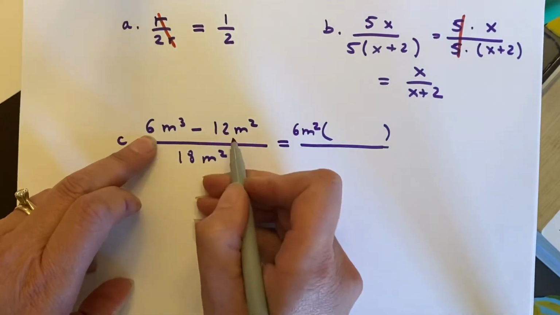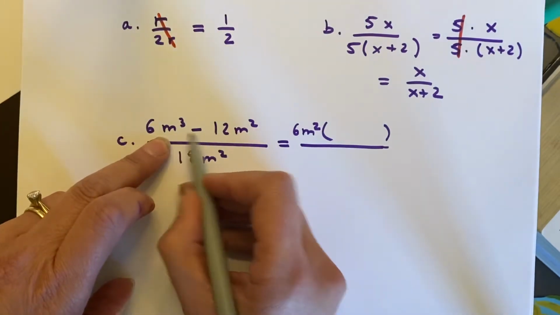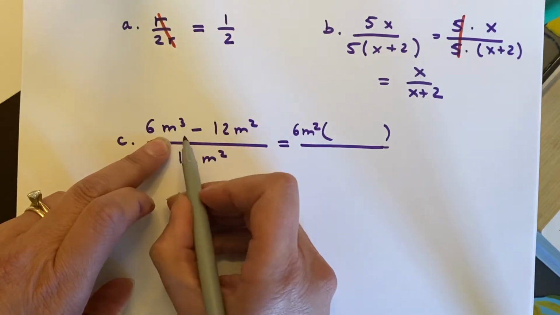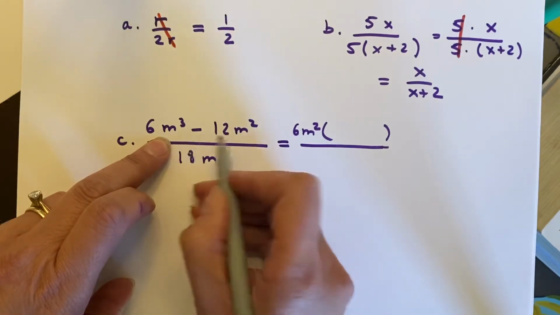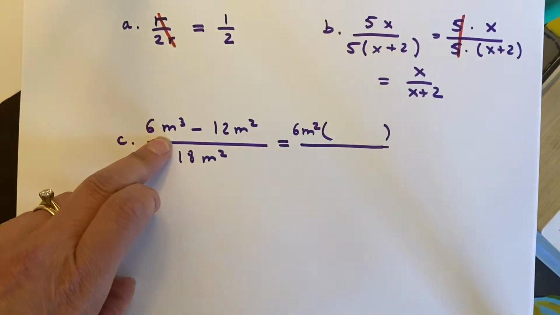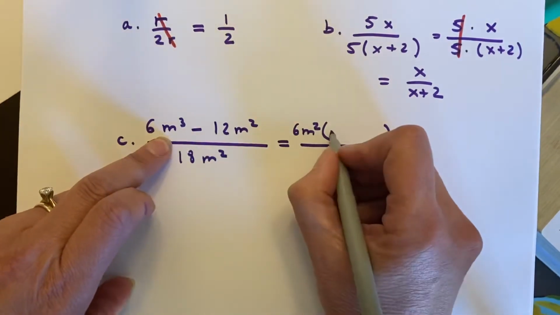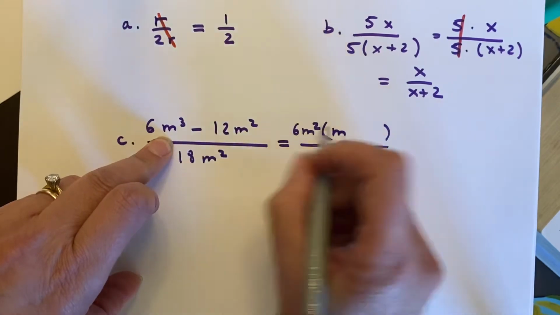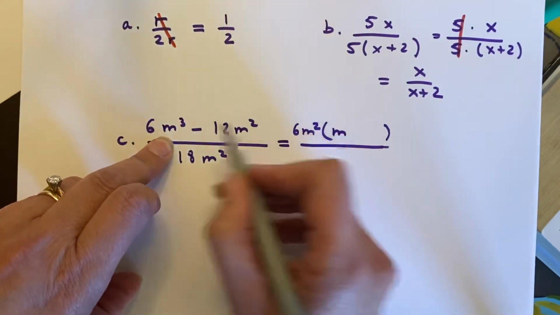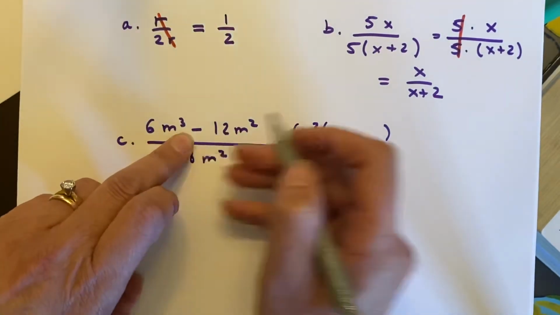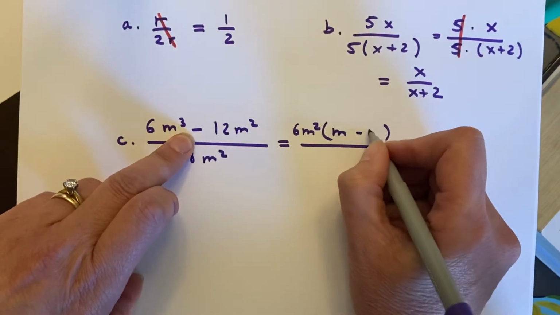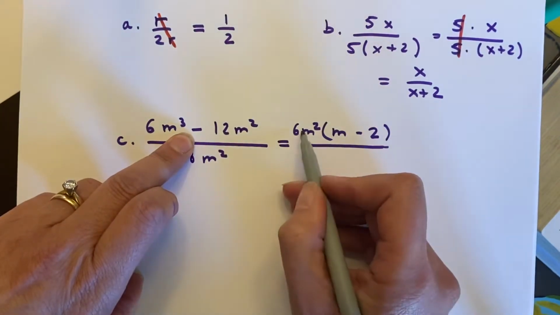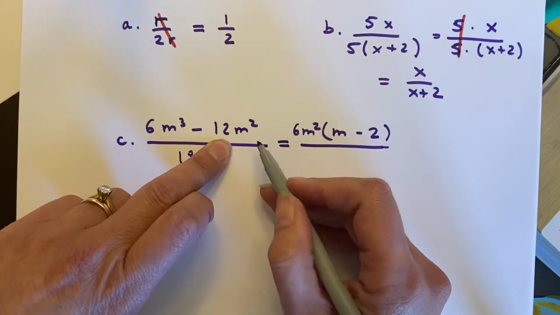Because between 6 and 12 it's 6, and between m cubed and m squared it's just m squared. So I'm left here with just m, because m times 6m squared will give me back 6m cubed, and here minus 2, because negative 2 times 6m squared will give me negative 12m squared.